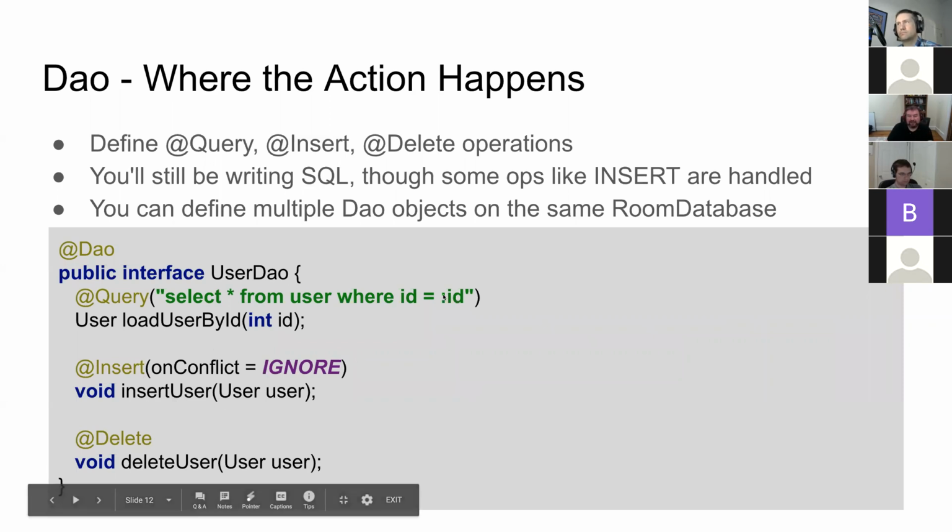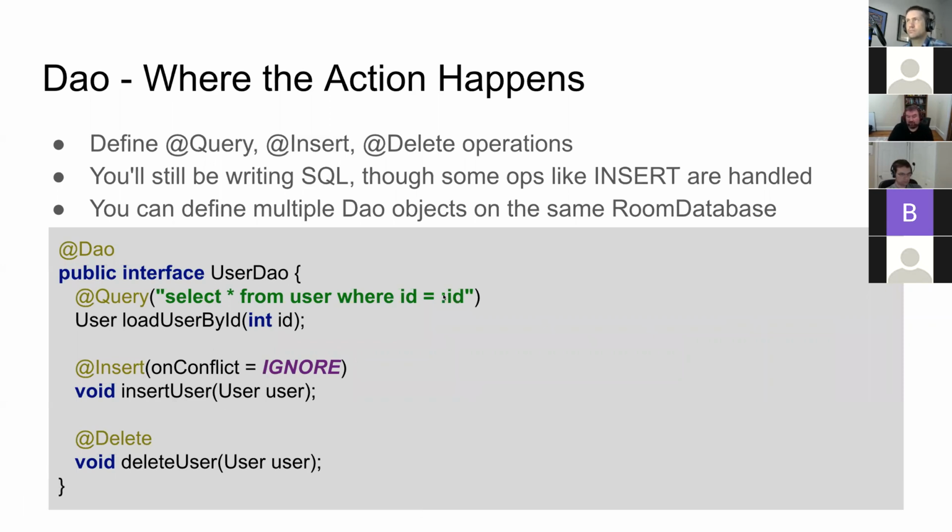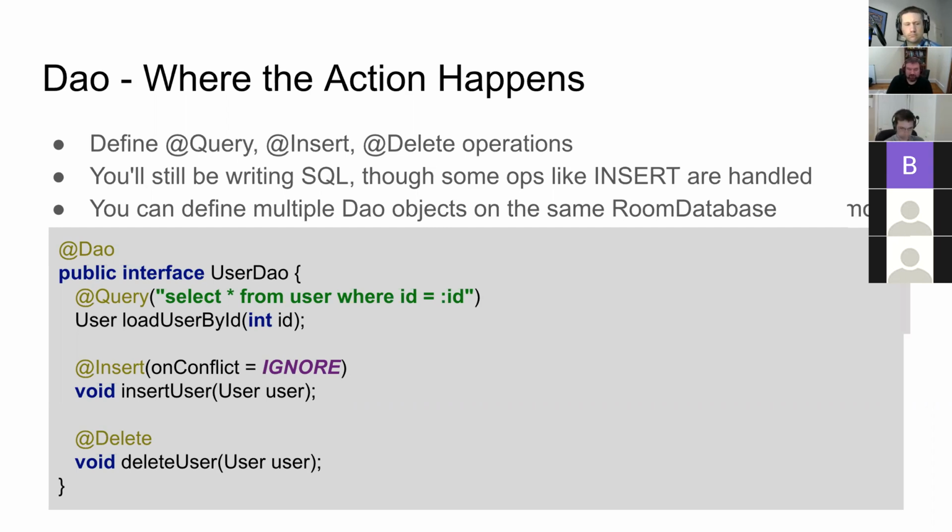And one of the nice things, and this is good practice, is that you can define multiple DAO objects for the same Room database, so that everything is properly encapsulated and you have separation of concerns. A lot of times with the old style SQLiteOpenHelper, you end up with classes that are monolithic and have tons and tons of methods for basically every operation you want to do on the database. So this helps keep the code a little more manageable.